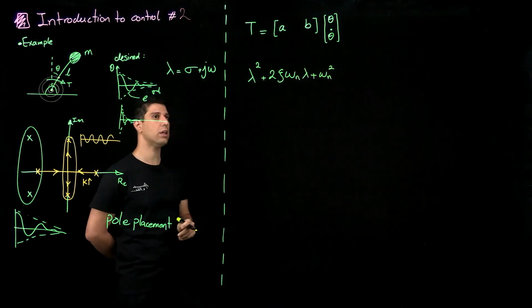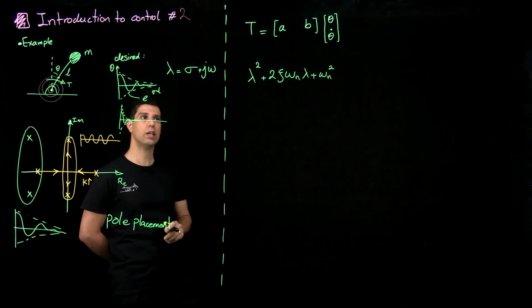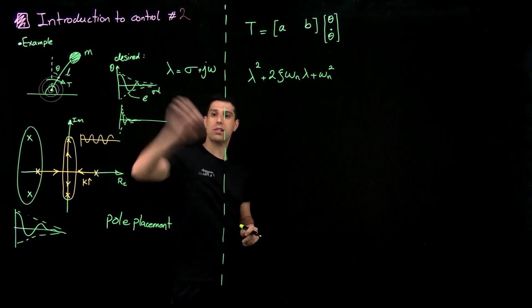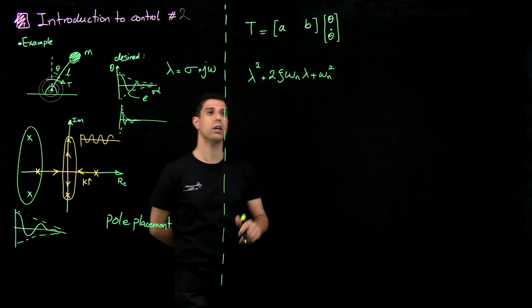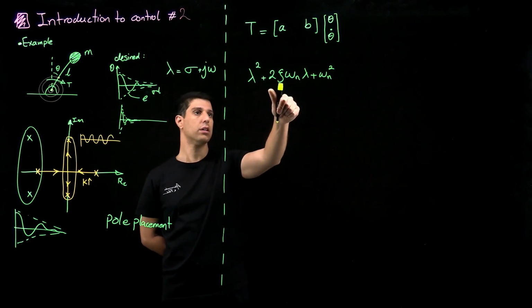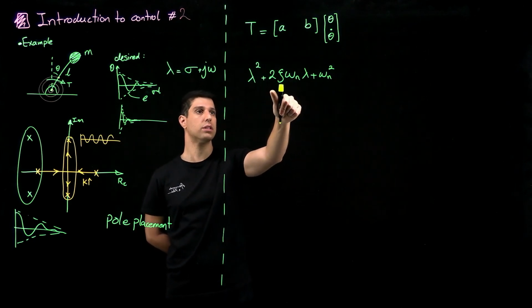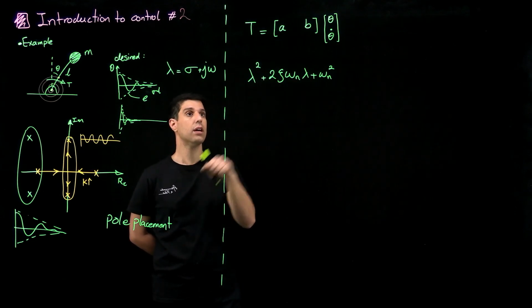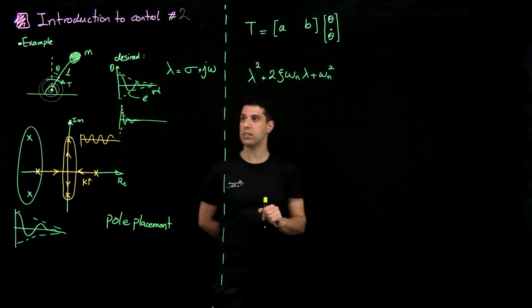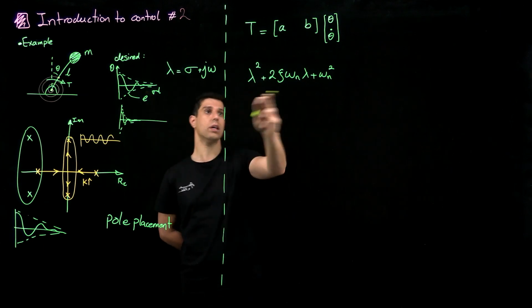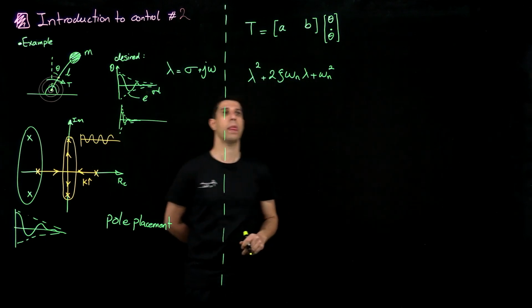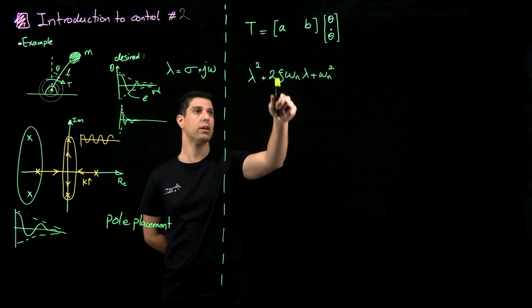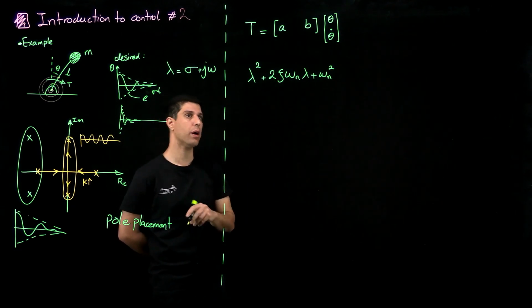So this is the characteristic equation that gives me this kind of behavior. Depending on the value of this damping ratio z, I can have an underdamped system the way I like. So this is a mass spring damper system with damping coefficient determined by z.